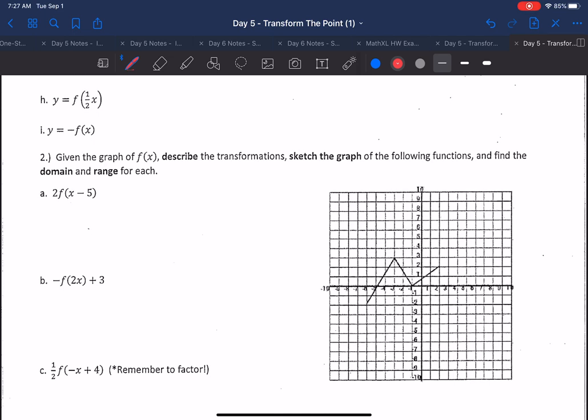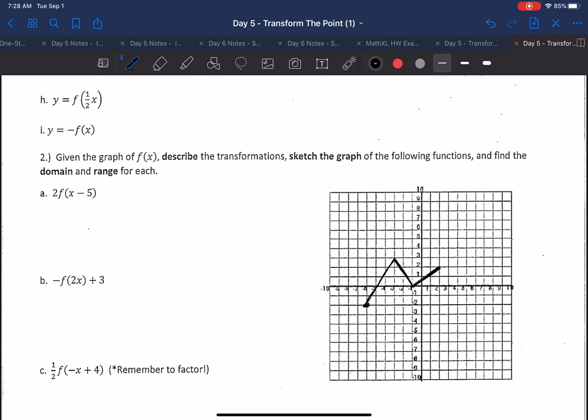So here we go on the next section, just to make sure we're good to go. We have a graph that's already here. Now, when I'm working with a graph like this, what I like to think about are the endpoints.